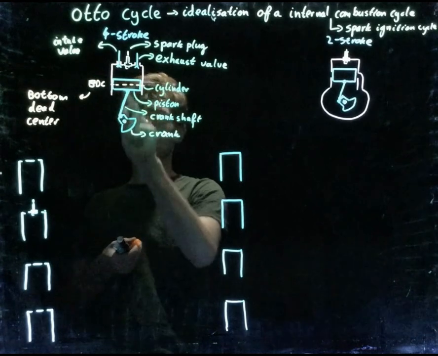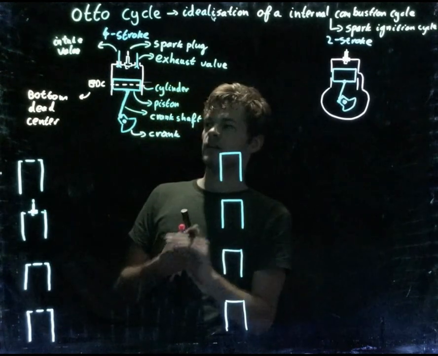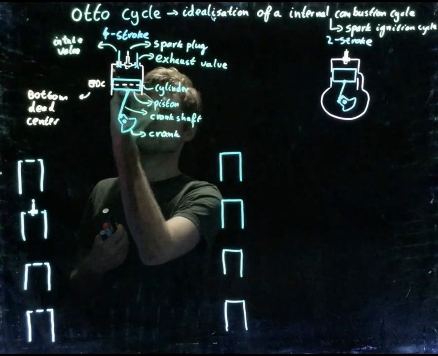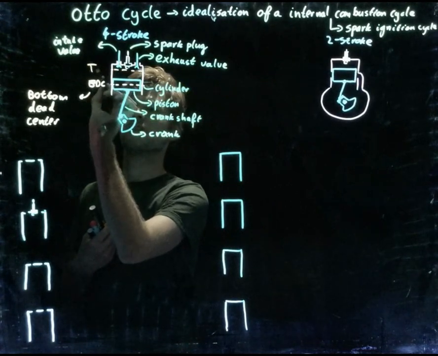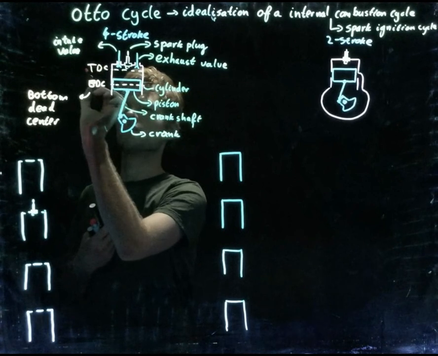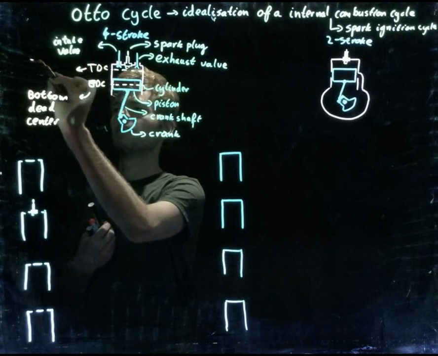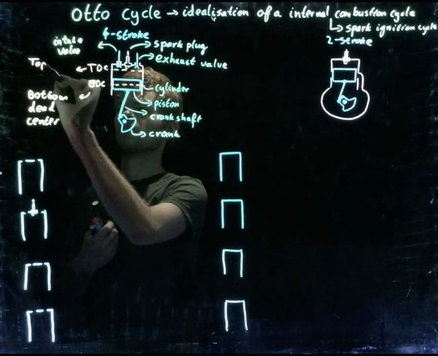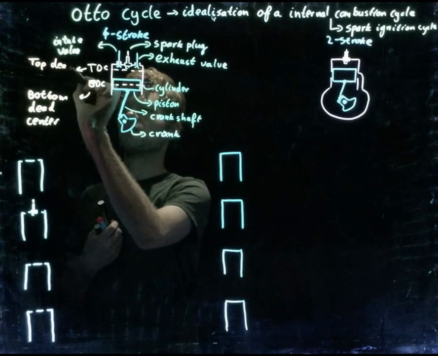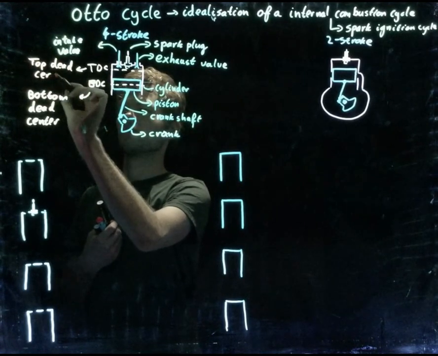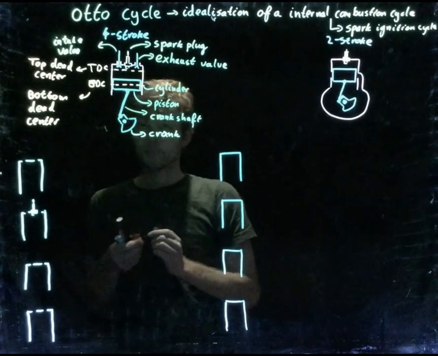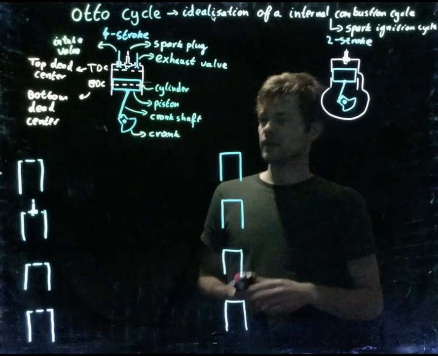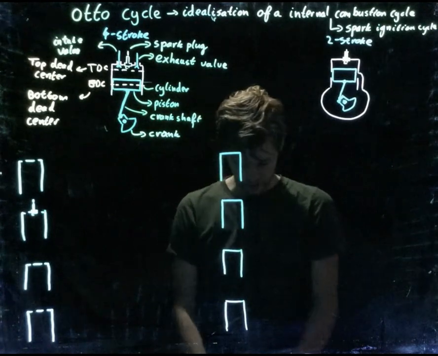The piston can't move any further than the bottom dead center. On top we've got the TDC, which is the top dead center. And the piston won't move any higher than the top dead center.